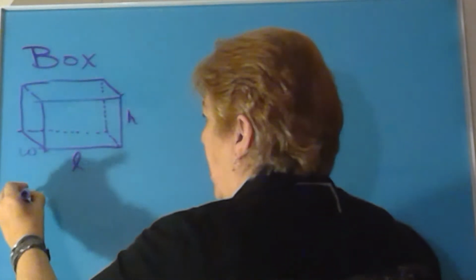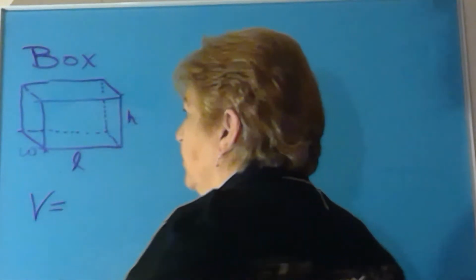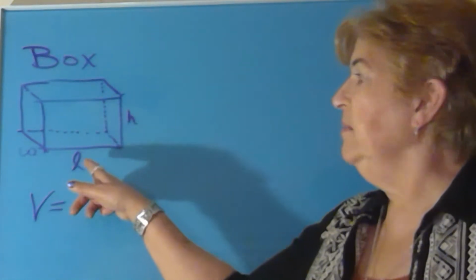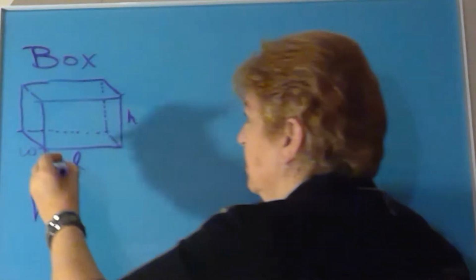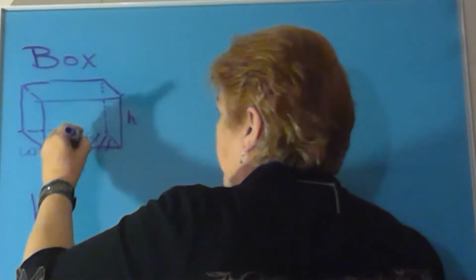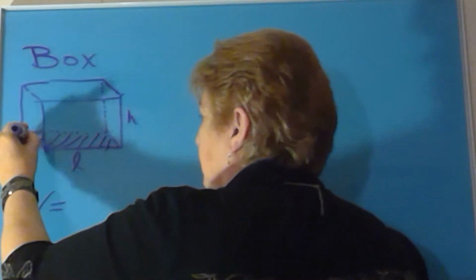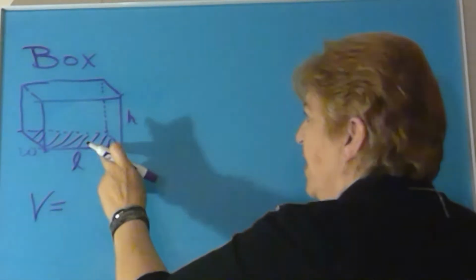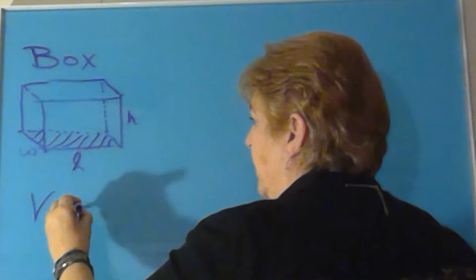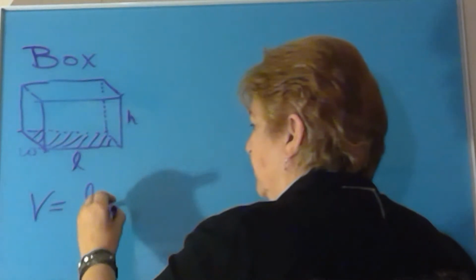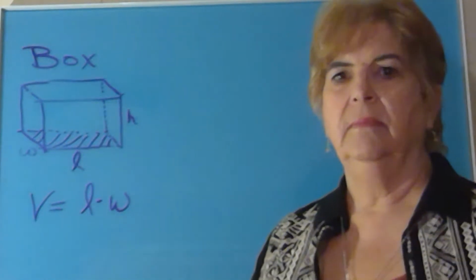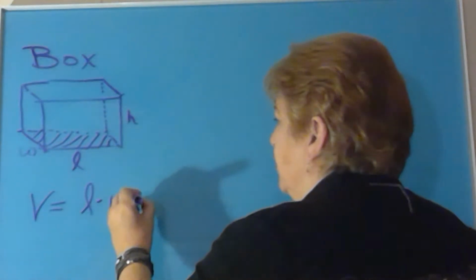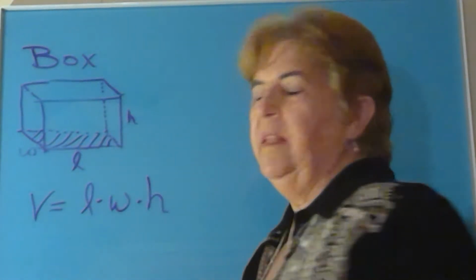Well, to find the volume, you simply find the area of the base, and this is your base. You find that area, and the area of that is length times width. And then you multiply that by the height.